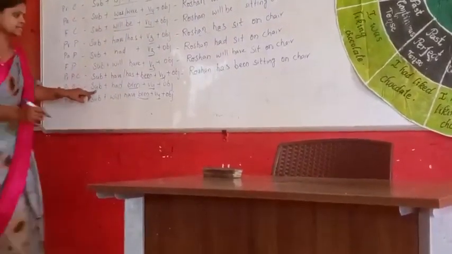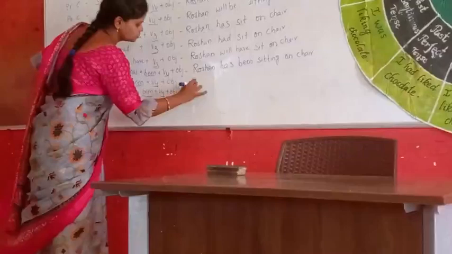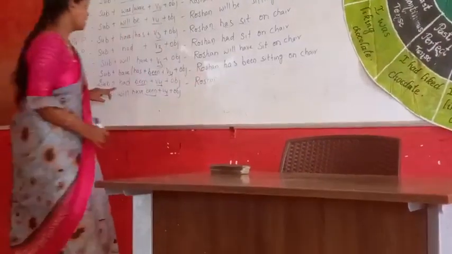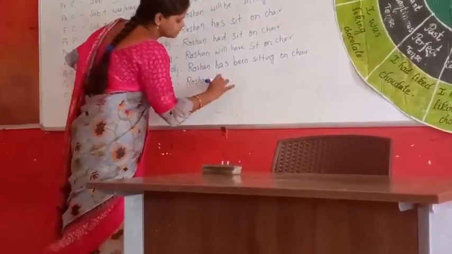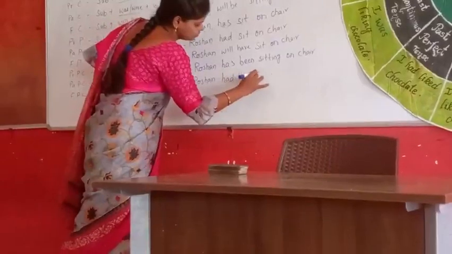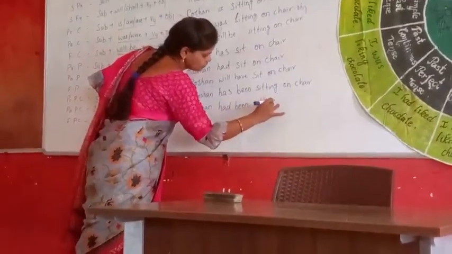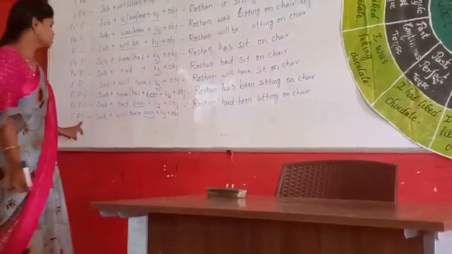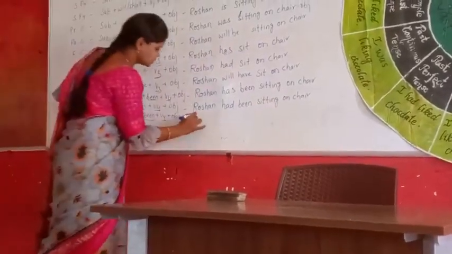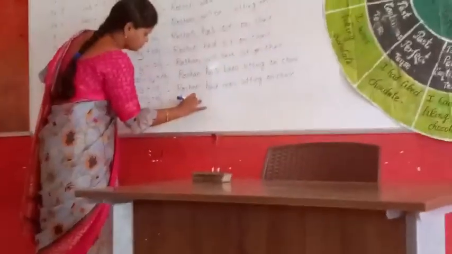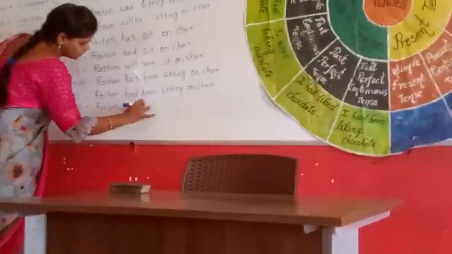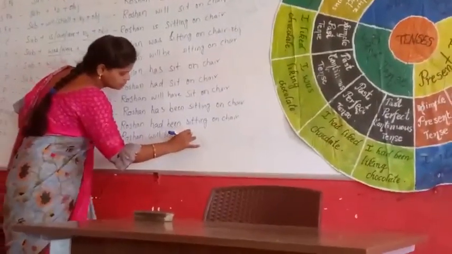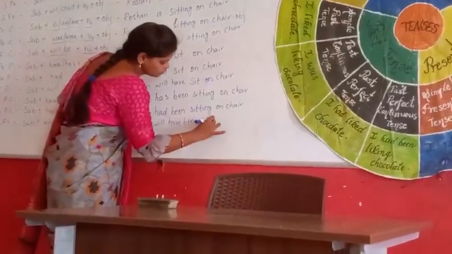Past perfect continuous. Subject Roshan had been sitting on chair. Future perfect continuous. Subject is Roshan will have been sitting on chair.